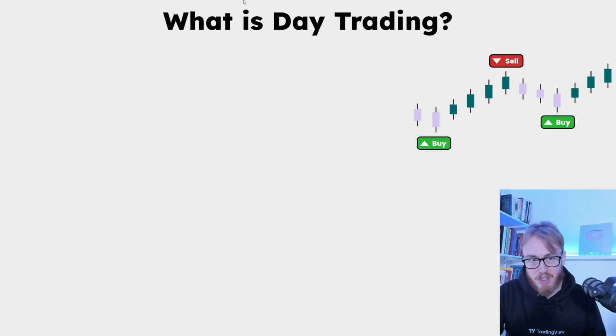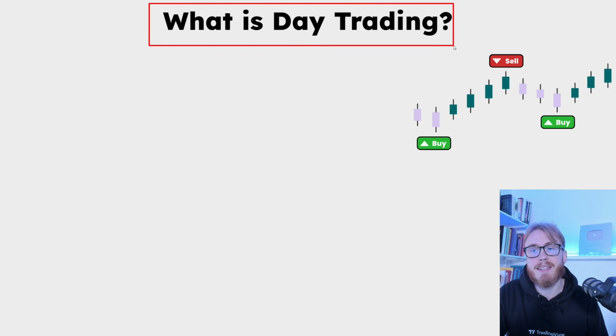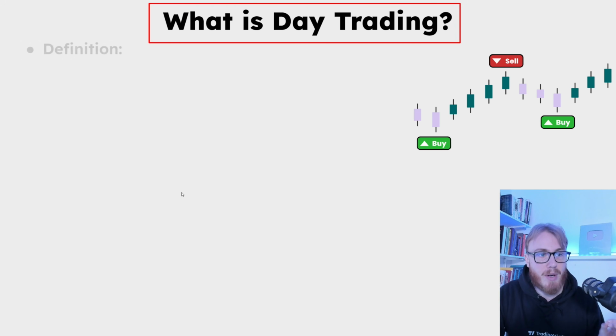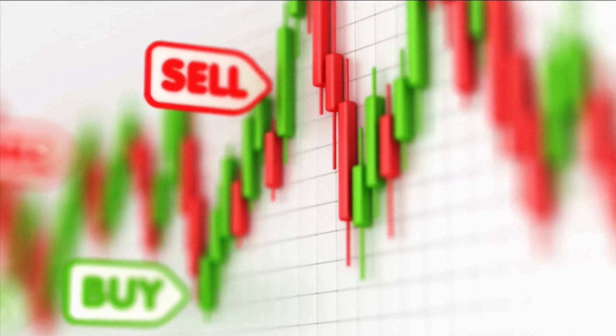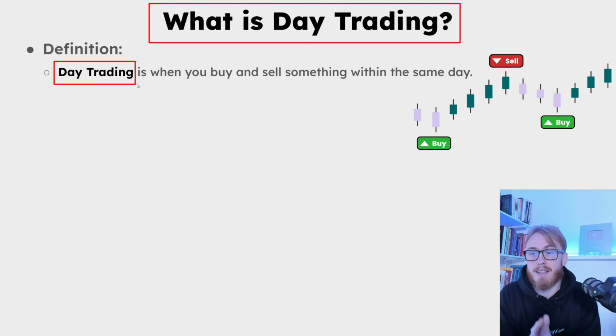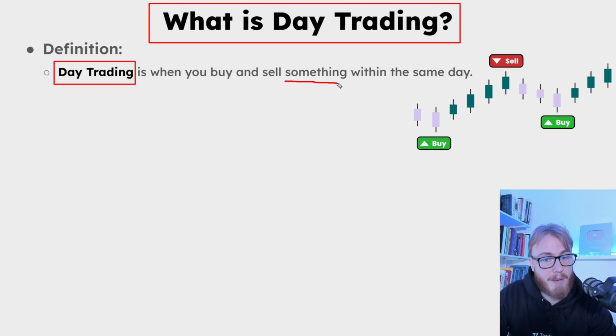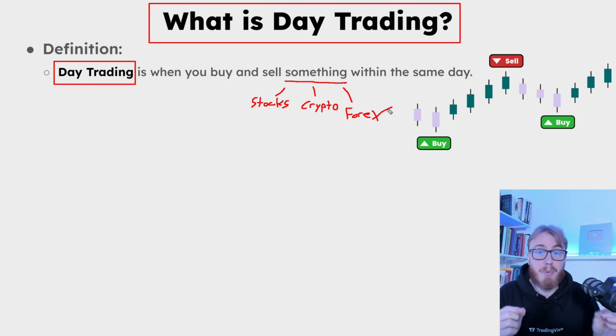Alright, so first of all, what is day trading? Well, the definition for day trading is pretty straightforward. Day trading is basically when you buy and sell something within the same day. So this something could be, for example, stocks, but it could also be cryptocurrencies or forex. The important thing about day trading is not what you trade.